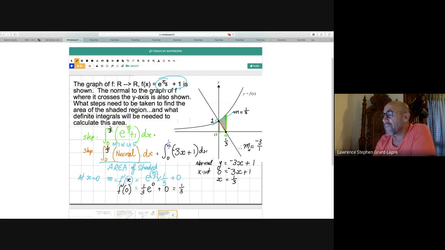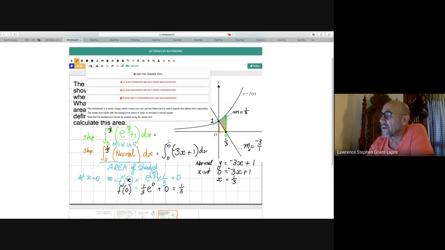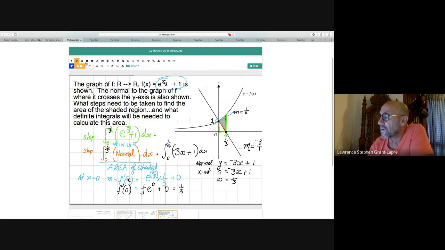And what definite integrals will be needed? Well, what is the definite integral here? Let's go between 0 and 1/3. The definite integral of e to the power of x over 3, I don't need that symbol because I'm going to work out the definite integral.